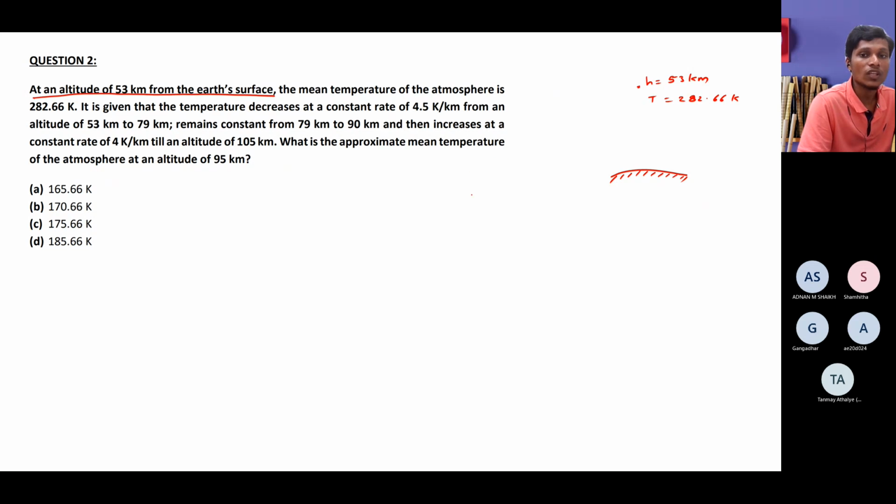That means temperature decreases at a constant rate from an altitude of 53 kilometers. So let's draw the temperature profile with altitude. This is 53 and this is 79. This is decreasing at a rate of minus 4.5.